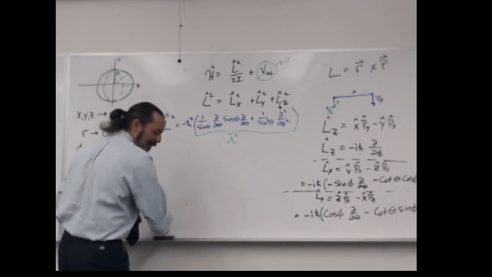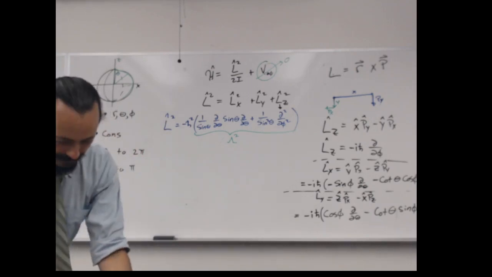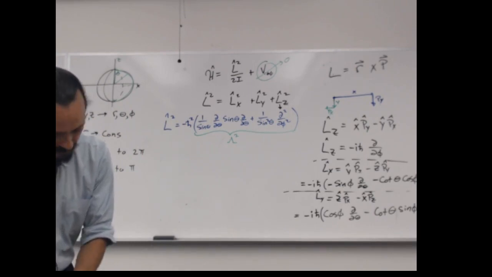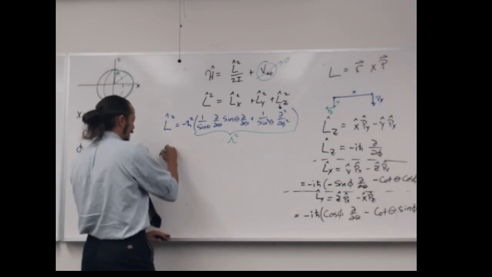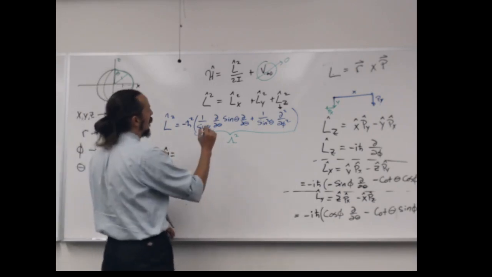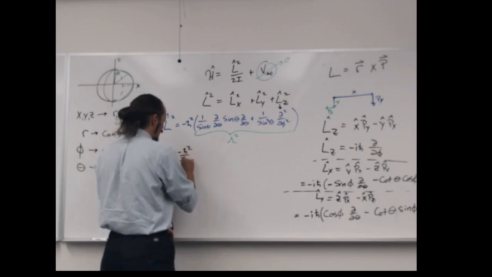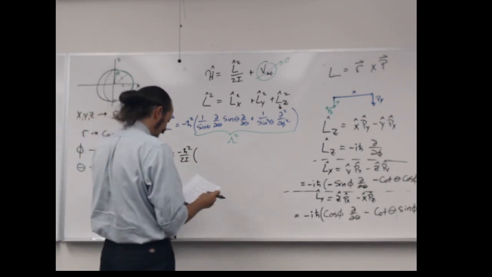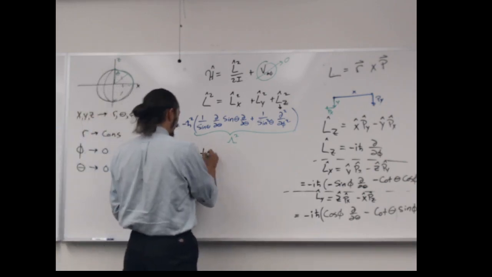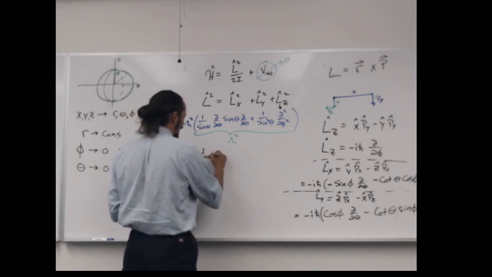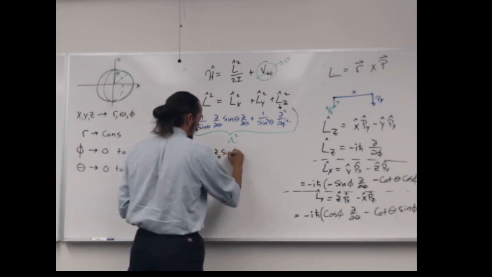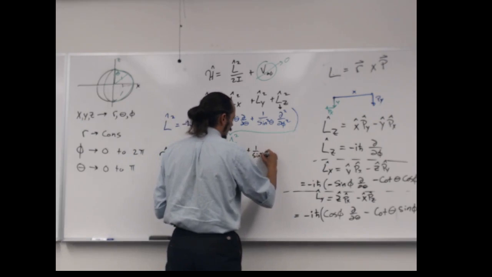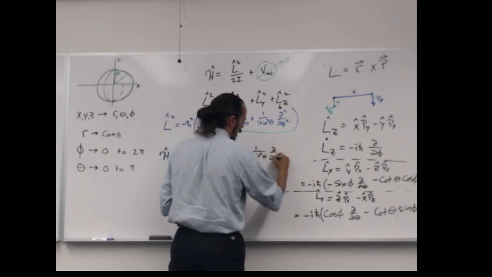So what we do is we can say, okay, I'm just going to write it down again. Our Hamiltonian is going to end up being negative h bar squared on 2I, 1 over sine theta, d by d theta, sine theta, d by d theta, plus 1 over sine squared theta, d by d phi squared.